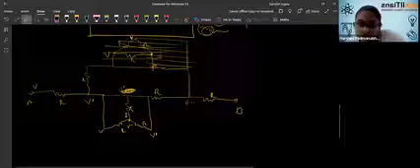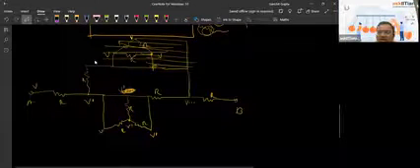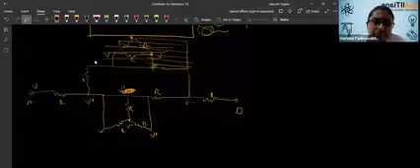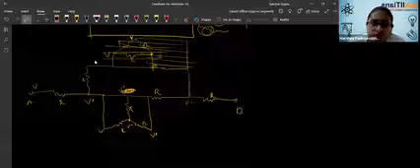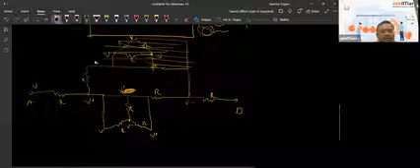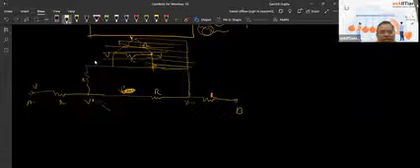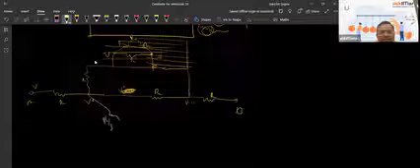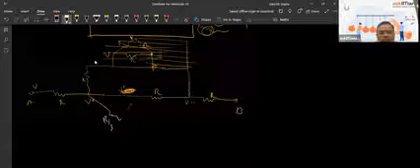This resistance would be R by 3 because all three are in parallel. So we can eliminate this branch and connect a resistance R by 3 like this.